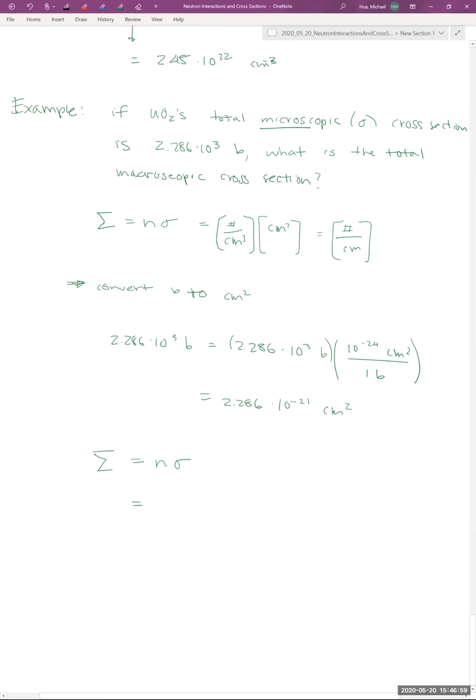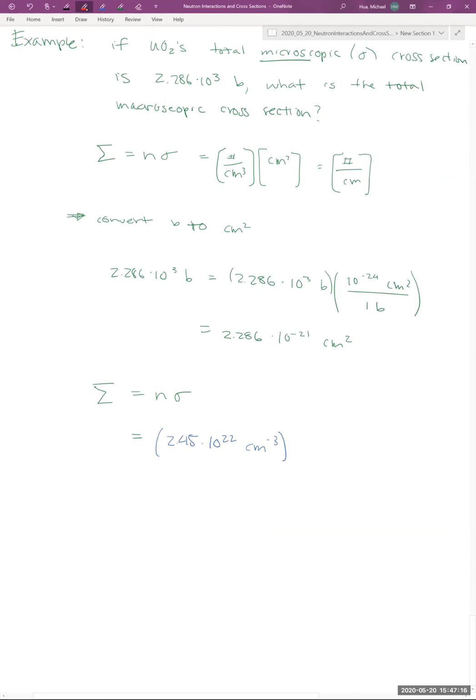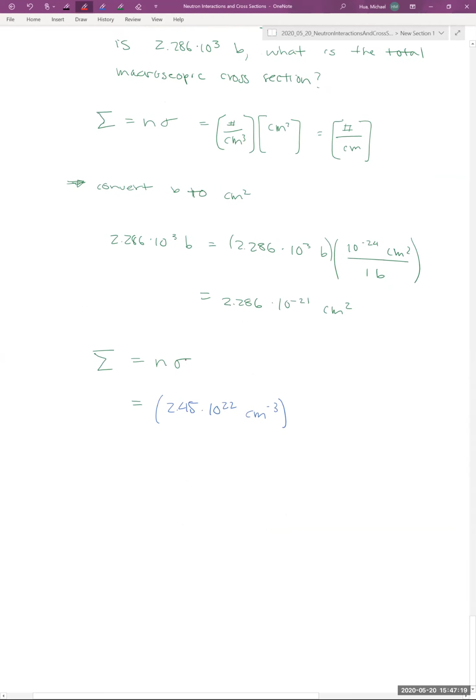The number density we're going to get from the previous example, 2.45 times 10 to the 22 per centimeter cubed. The microscopic cross-section, we just converted from barns to centimeters squared, so we're going to multiply by 2.286 times 10 to the minus 21 centimeters squared. And what we'll get is approximately 56 per centimeter.